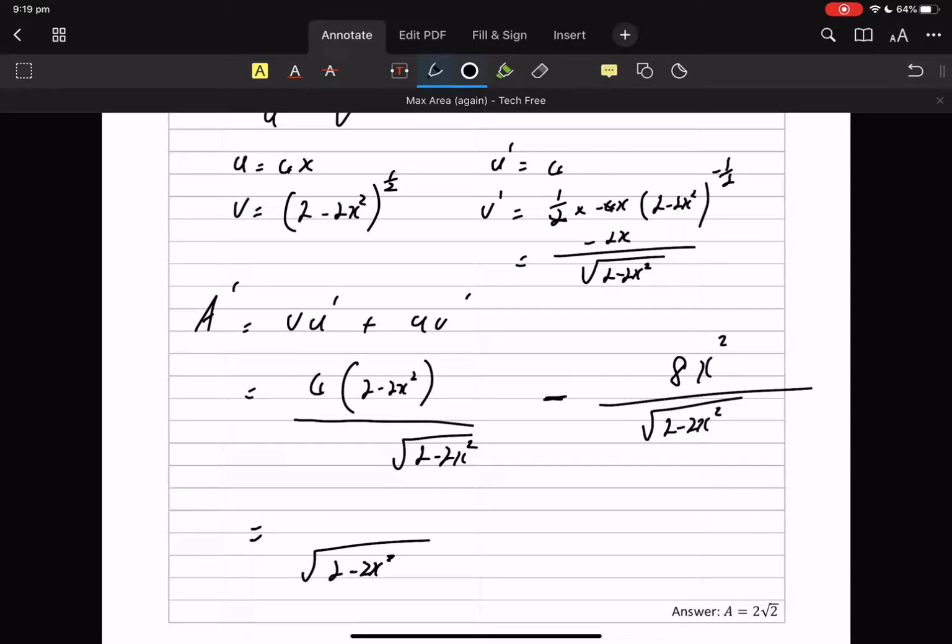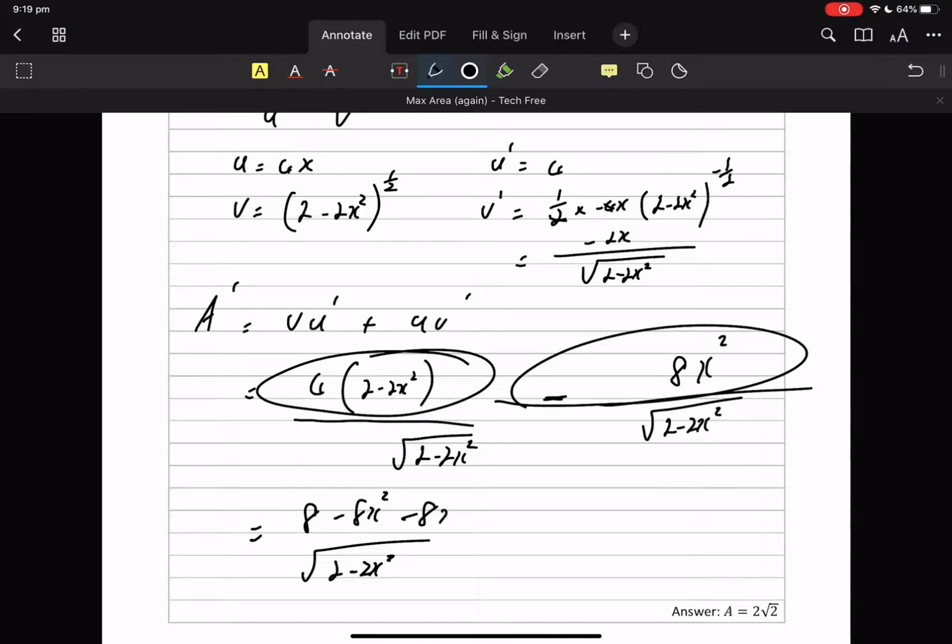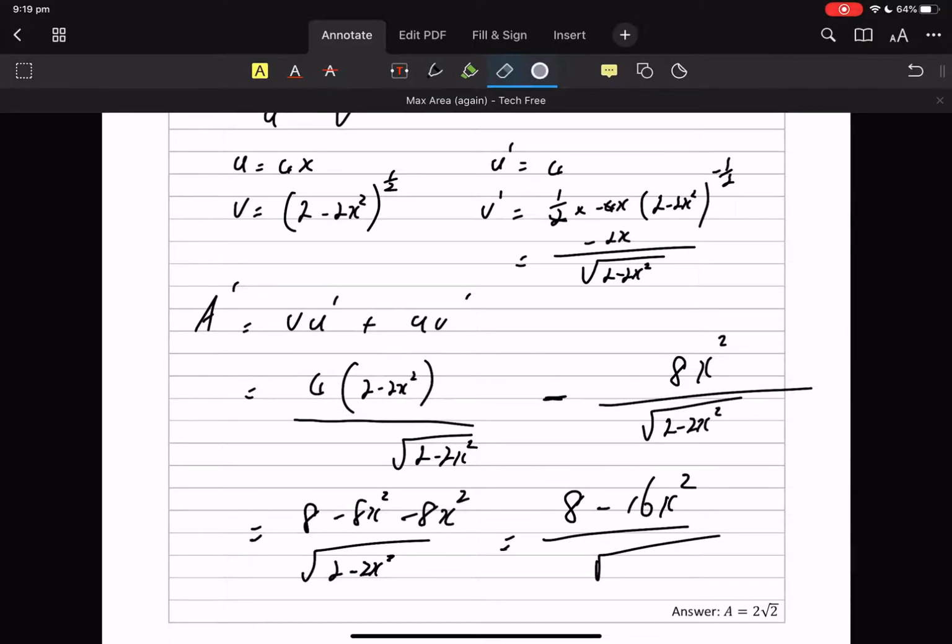And that's going to be 8 minus 8x squared, expanding that, and then I've got to subtract another minus 8x squared. So that's going to be 8 minus 16x squared on the big square root. Okay, yes, it's messy, whatever. And we're going to set that equal to 0.